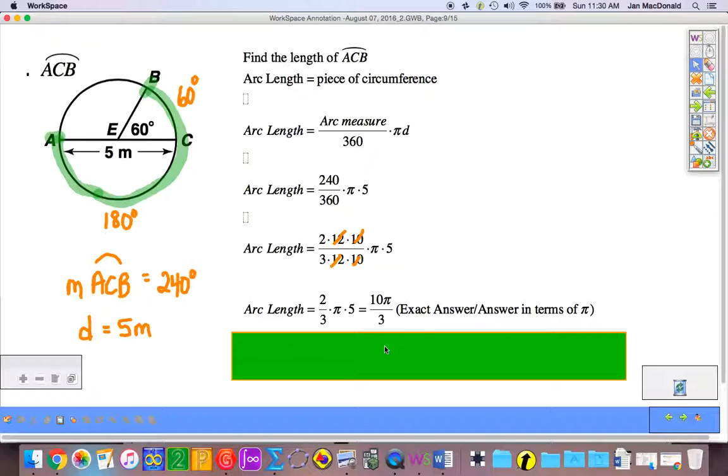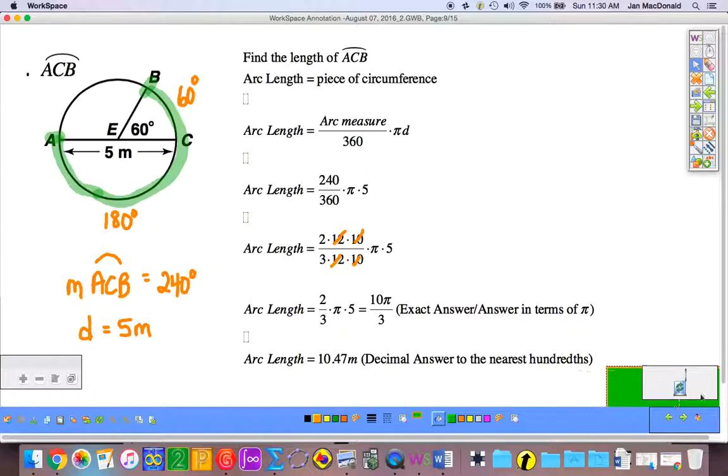And then hit divide by 3. And you should find that the arc length is 10.47 meters. That is our decimal answer rounded to the nearest hundredths. And that is how you determine arc length.